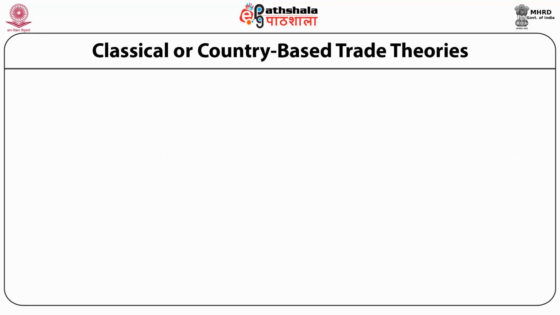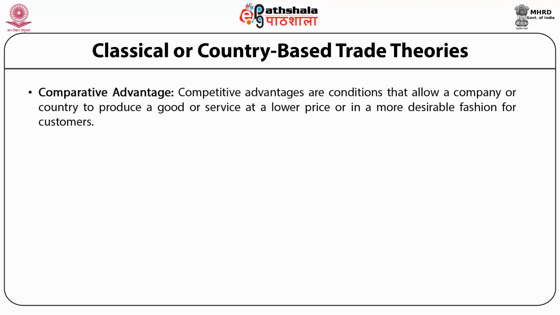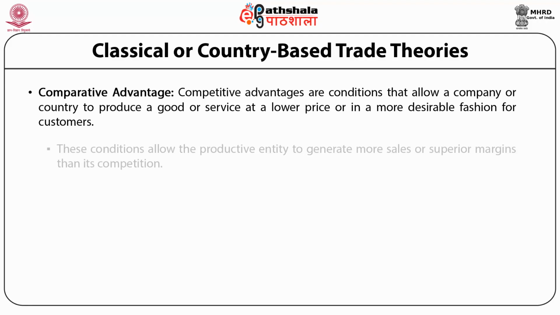The third theory under the classical categorization is comparative advantage. Competitive advantages are conditions that allow a company or country to produce goods or services at a lower price or in a more desirable fashion for customers. These conditions allow the productive entity to generate more sales or superior margins than its competition.